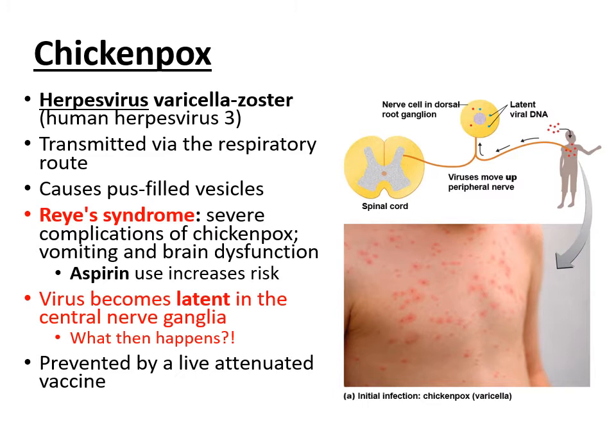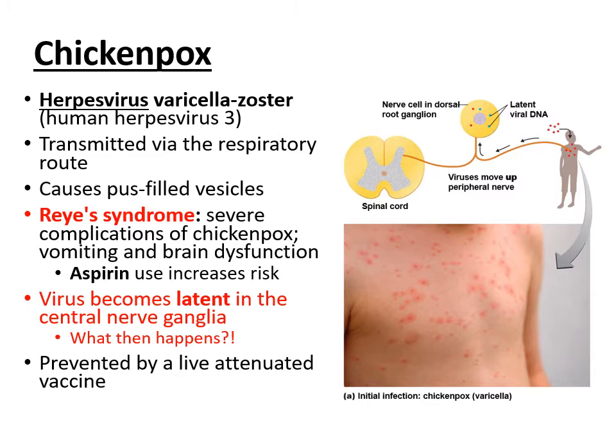And you have to know that if it goes latent, what does it come back as? We'll see on the next slide, shingles, which is very painful because when viruses like chickenpox, the causative agent, go latent or dormant in your body, they tend to do so in nerve cells. So if they're going dormant in nerve cells and then popping back up, reactivating and lysing cells, it ends up being very painful.